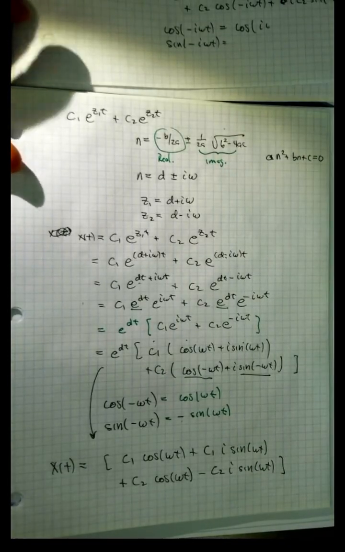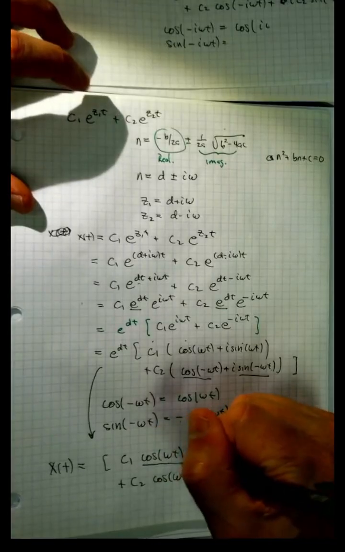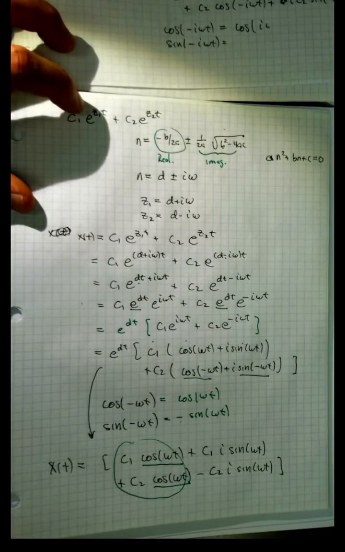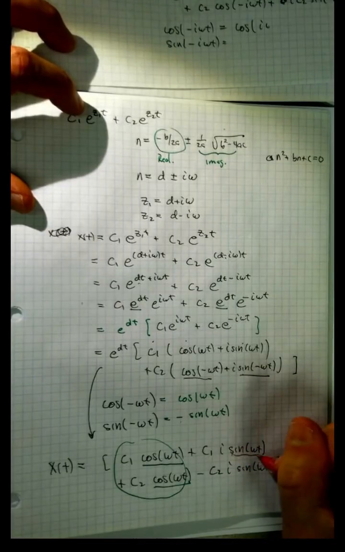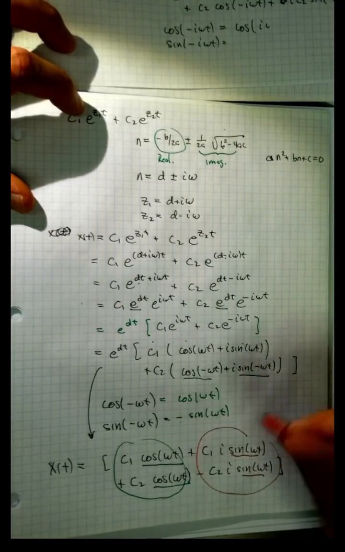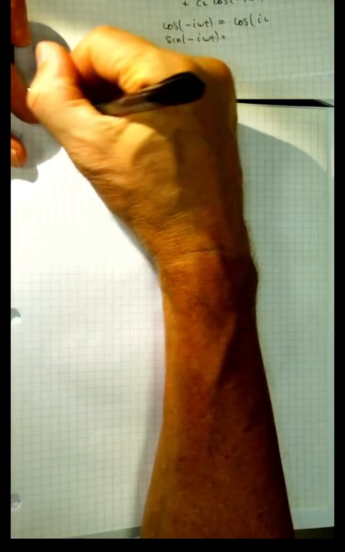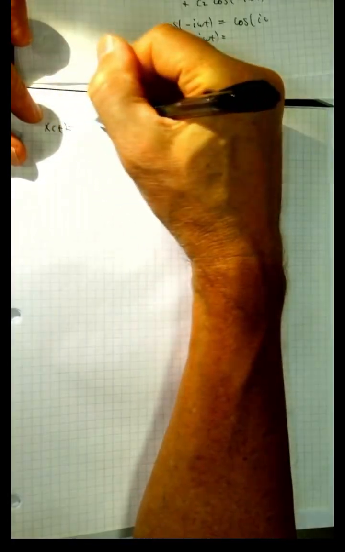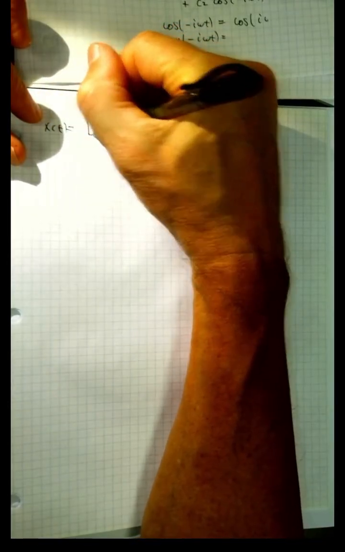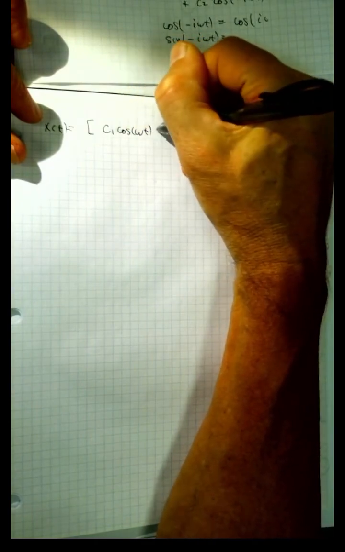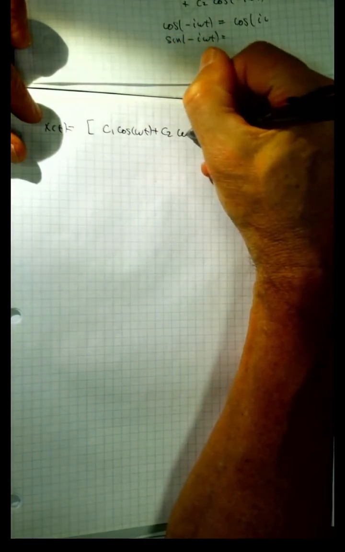And now, notice I've got a cosine here and a cosine here. So let me collect those two. And here I've got a sine and a sine. So let me collect those two separately. If I do that, my x of t, so for the cosine terms, I've got c1 cosine of omega t plus c2 cosine of omega t.